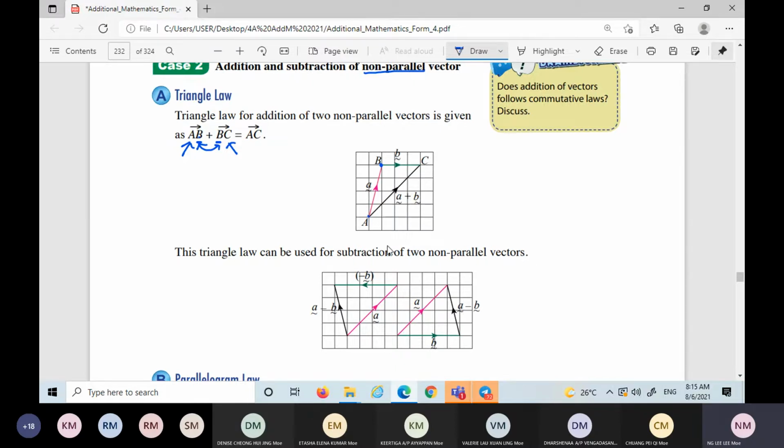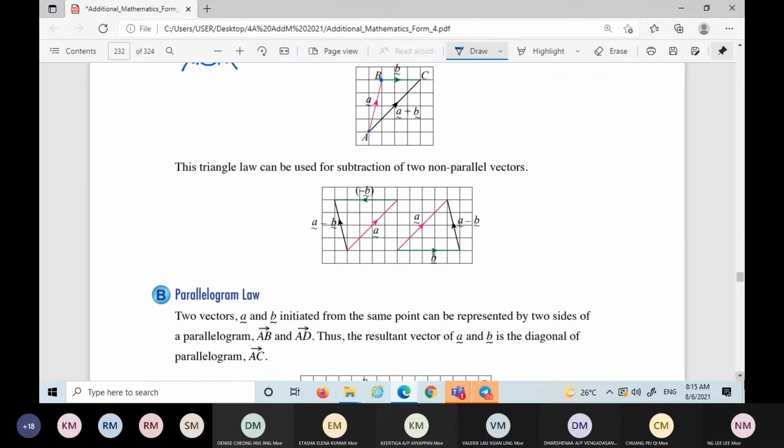This triangle law can also be used for subtraction of two non-parallel vectors. It's the same thing. You just write the subtraction as the negative of the vector. Look at this: A minus B. Here is A, and B is this way. But for A minus B, instead of writing A minus B, I write it as A plus negative B. So negative B will be going this way.